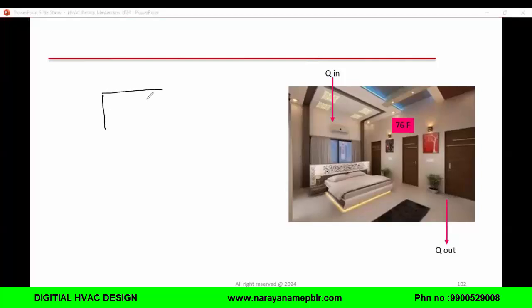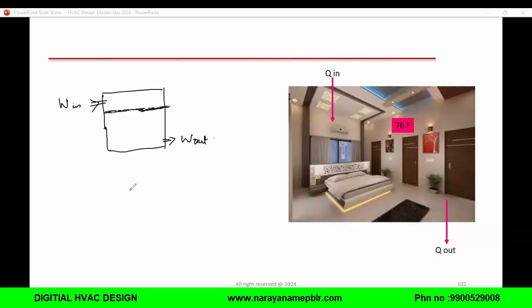If I take an example of a bucket where you want to fill the water up to this level, a certain amount of water will enter here, water in, and a certain amount of water will go out. And water is at this level. So at what condition will your water remain the same? It will not increase or decrease.